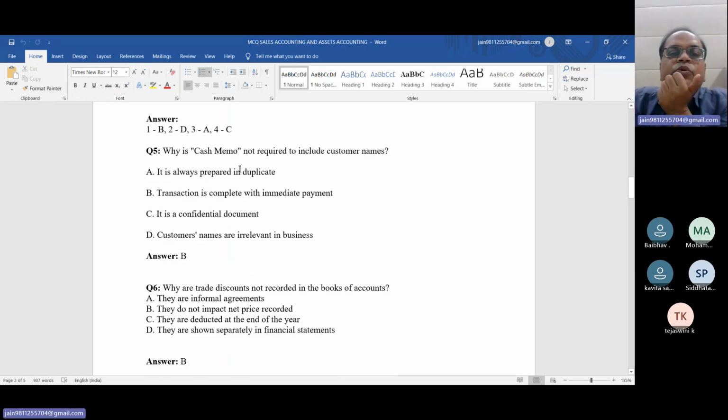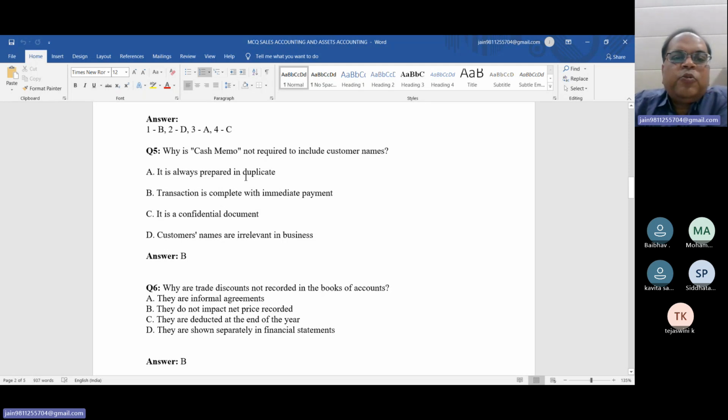A cash memo is not required to include the customer name. Once the customer has already made the payment, there is no requirement to mention the name of the customer. This is not mandatory. You can, but it is not compulsory.